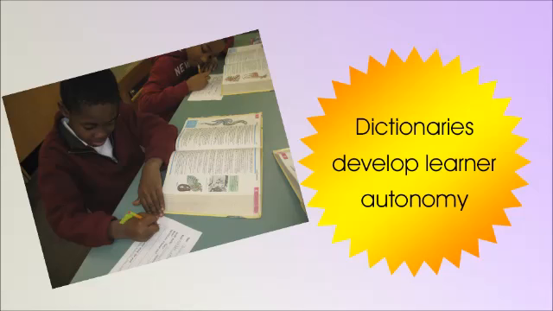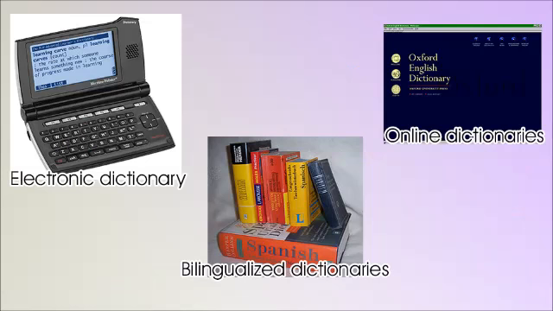If students know how to use them effectively, there are hundreds of hours of self-guided study to be had with a good dictionary. There are multiple types of dictionaries with different features. Teachers need to know different options and teach students how to use them properly. For instance, electronic dictionaries, bilingualized, and online dictionaries.